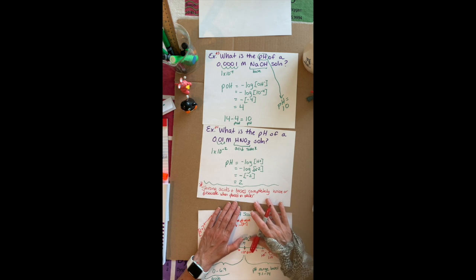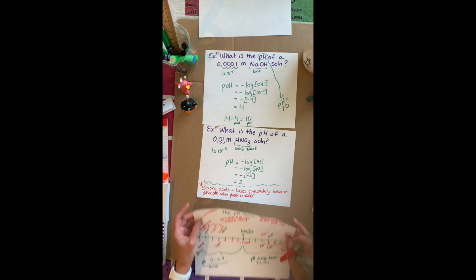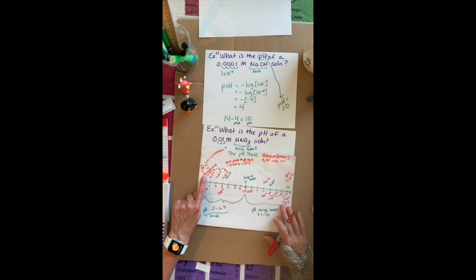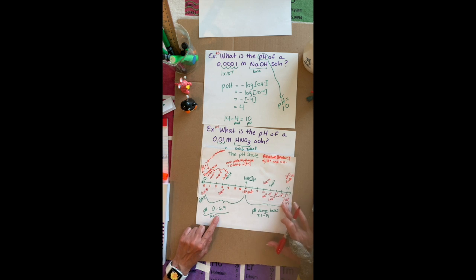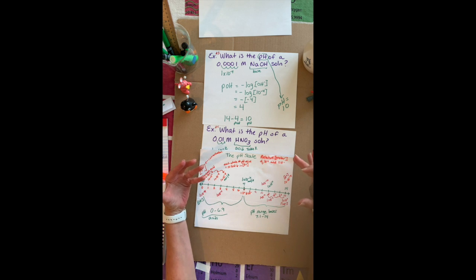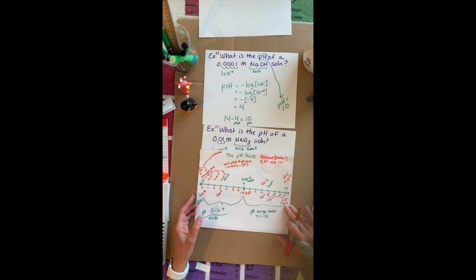That's what makes them strong, because you're going to have more hydrogen ions or more hydroxide ions dissociating into that water, making the concentration greater, making it either a strong acid or a strong base.